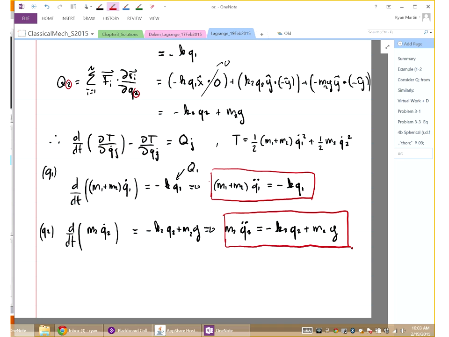So it's as if you had a one-dimensional simple harmonic oscillator with a mass m1 plus m2. And then the second equation is just a simple harmonic oscillator with gravity. Right, any questions about that?